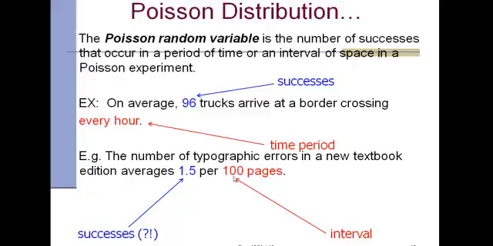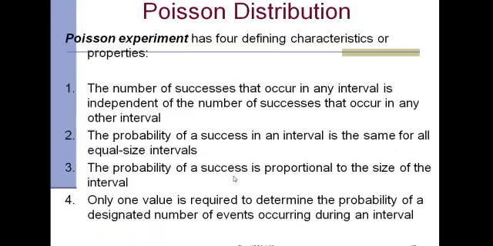And this is the interval, 100 pages being the interval. So you've got these defining characteristics, and I'll let you go ahead and read these. But just keep in mind that Poisson relates to intervals, whether it's time, space, or region.